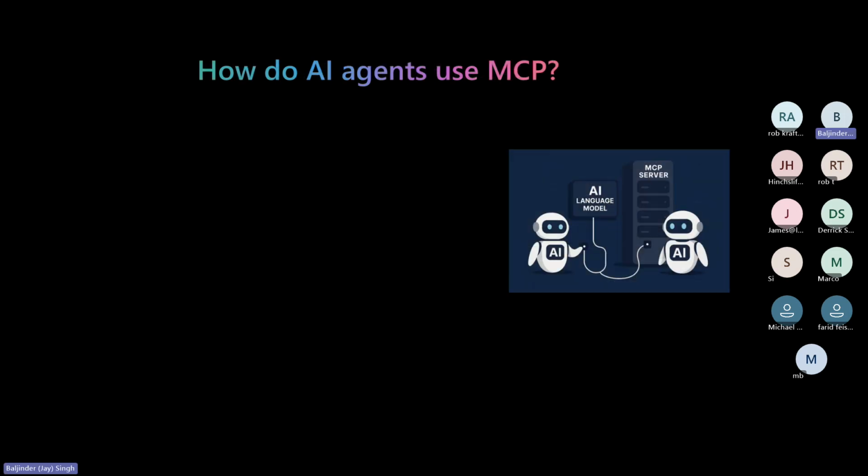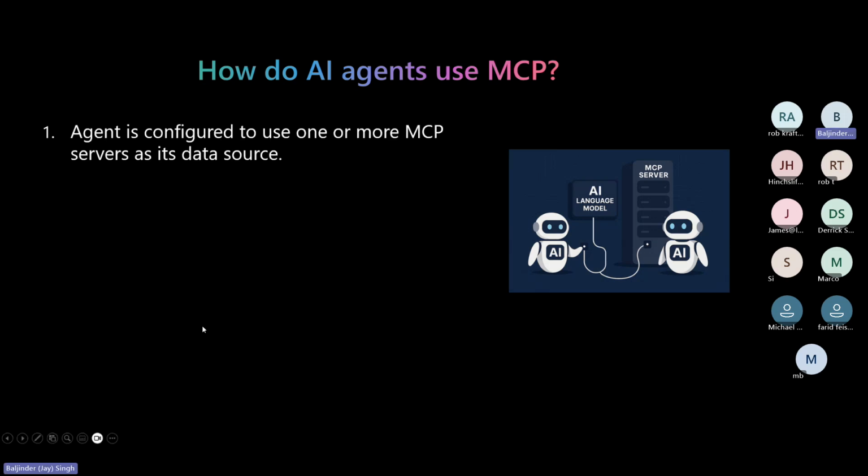Moving on, let's try to put together what we have seen so far. How does it all come together at runtime? Step one is where the agent is configured to use one or more MCP servers. We are declaring which servers the agent is allowed to interact with.